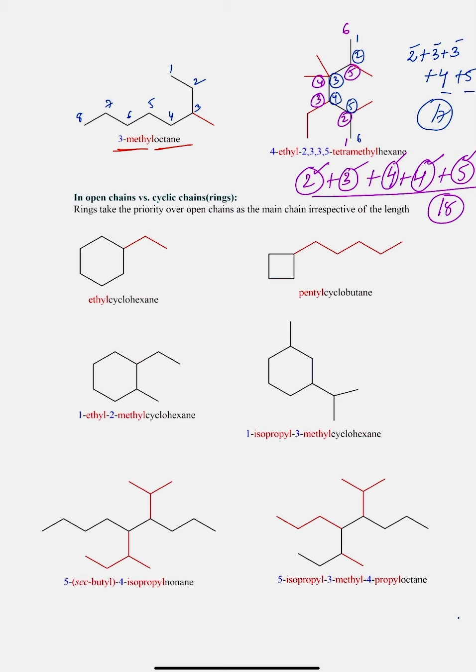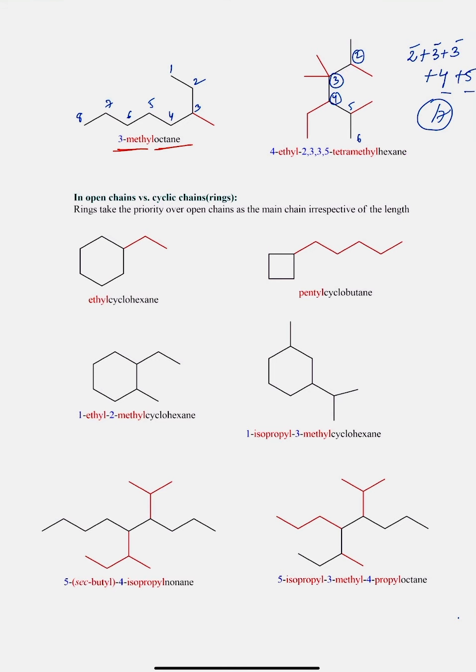Obviously it's the numbering written in blue because it gives you the lower sum, and the lowest sum rule should be obeyed. If I erase the purple numbers, what should be the name of the suffix? It's hexane because it has 6 carbons and there are 1, 2, 3, 4 methyl groups.